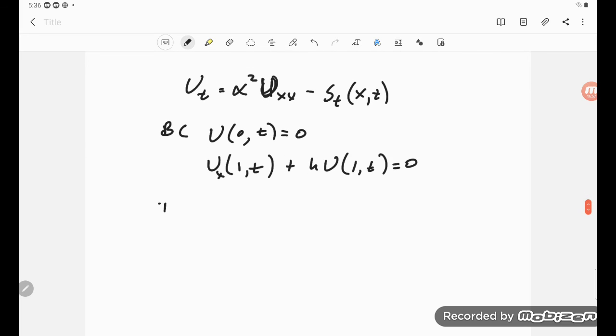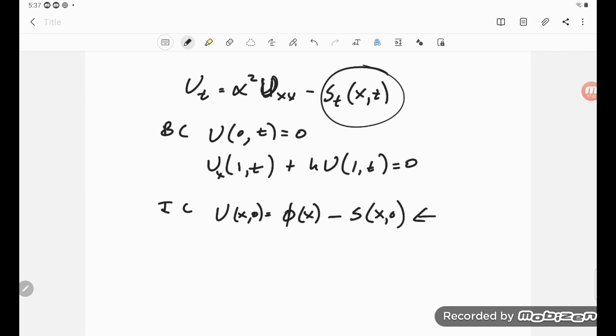And then we'll have our initial condition that u of x and 0 is our old phi of x, but then minus s of x and 0. Okay, so we know what this function is. We know what that is. We can do all that, but the problem is we don't have a technique for solving it.